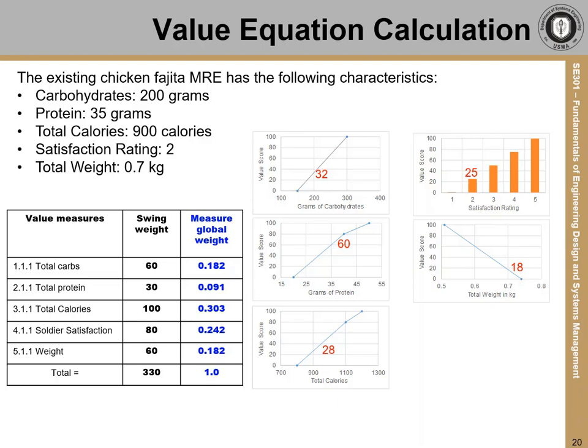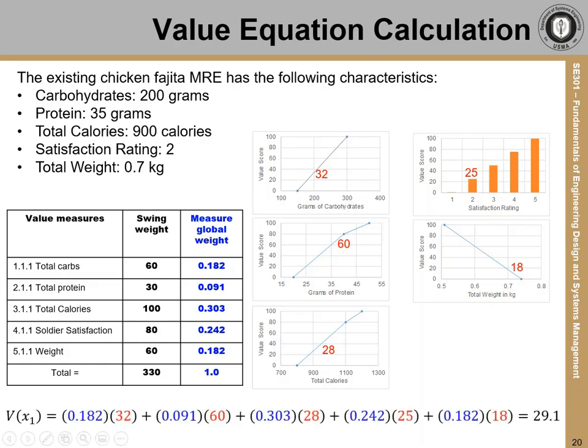Using these value scores along with the global weights that we determined previously and that are shown here, we can multiply each value score by the corresponding global weight, and then we add all of those results together, which is what this equation shows. In the first term, you see the weight for carbs here and the value score for carbs here.